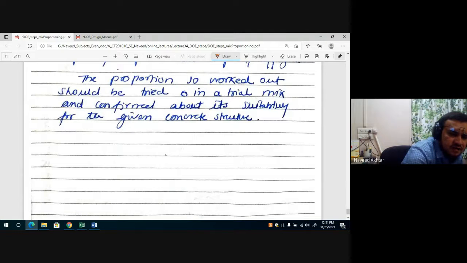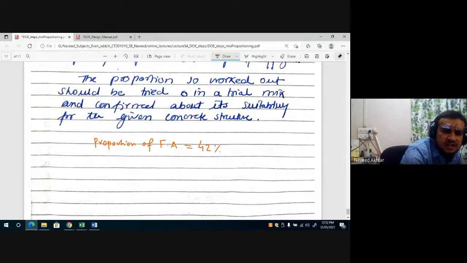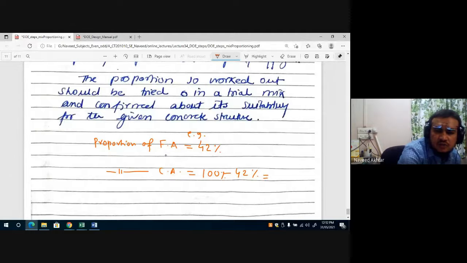From the total aggregate, first you have to find out the proportion of fine aggregate, and if it is 42%, for example, the proportion of coarse aggregate in total aggregate will be 100 minus 42%, that is 58%.